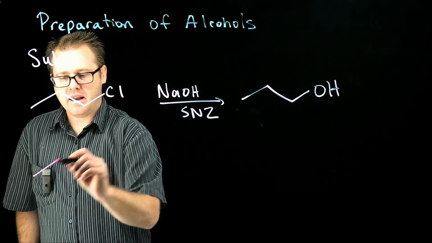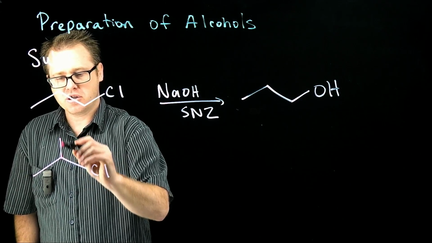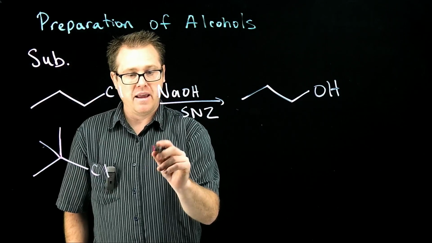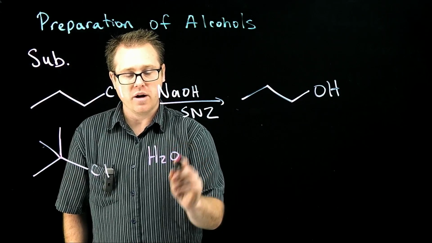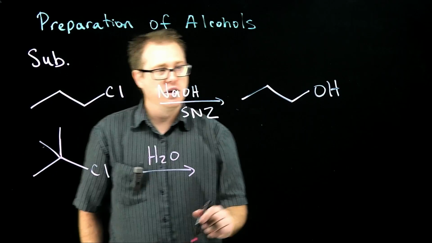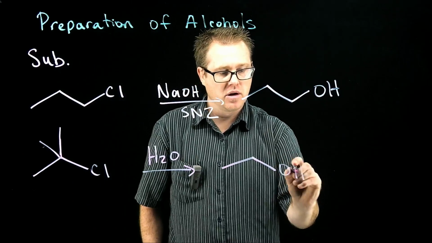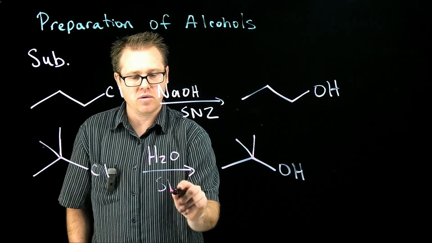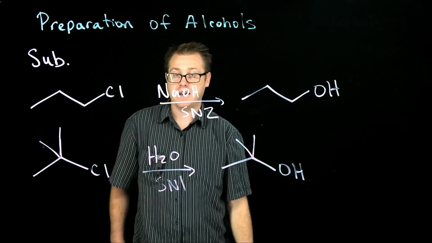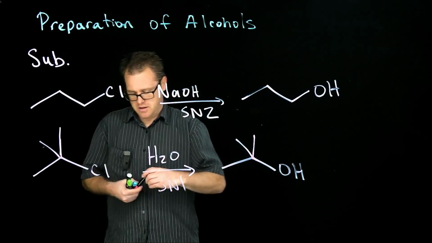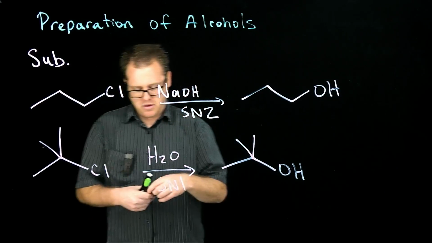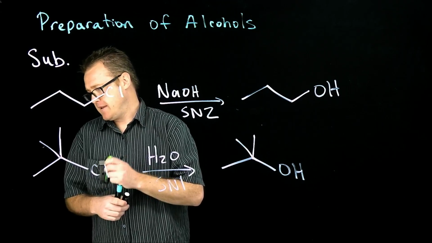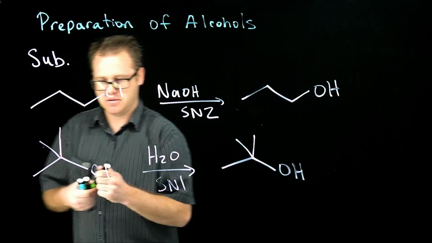Or if you had a tertiary alkyl halide like so, you could treat it with a weak nucleophile such as water, and you could get your tertiary alcohol like so. And that would undergo by an SN1 mechanism. You could also look at addition reactions.